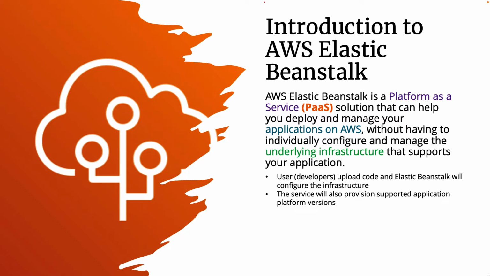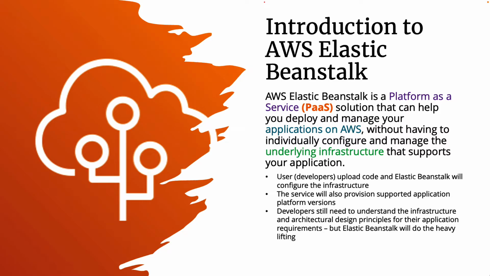The service will also provision supported platform versions to support your applications that are designed and built in supported languages such as Go, Java, .NET, Node.js, PHP, Python, and a few others. However, you do need to be aware of the fact that as a developer, you still need to understand the infrastructure and architecture design principles for your application requirements.